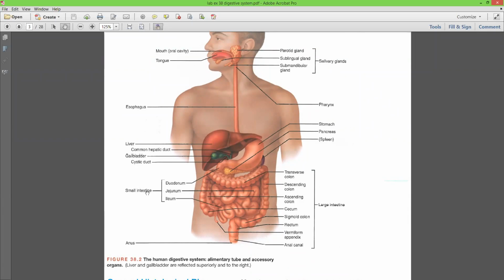The duodenum, the jejunum, and the ileum make up the small intestine. All right, then you have the cecum, and then the ascending part. So ascending colon, transverse colon, descending colon, and then sigmoid colon.